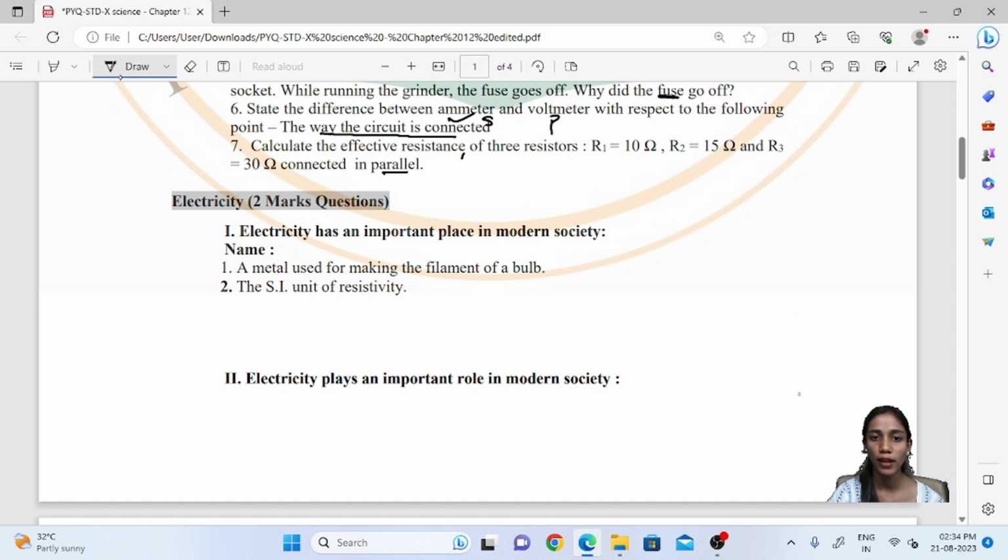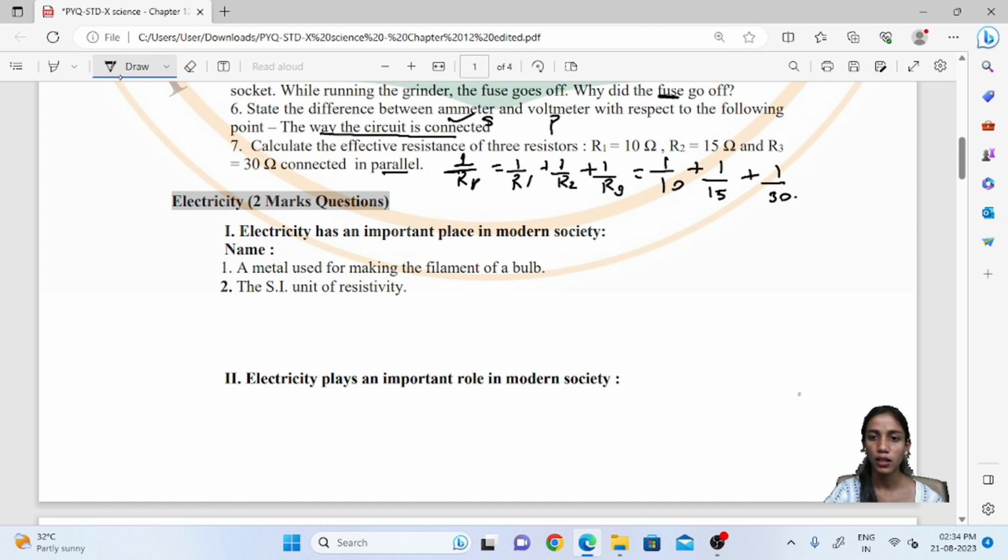The formula for parallel is 1/Rp = 1/R1 + 1/R2 + 1/R3, which is equal to, in place of R1 you have to put 1/10 + 1/15 + 1/30.